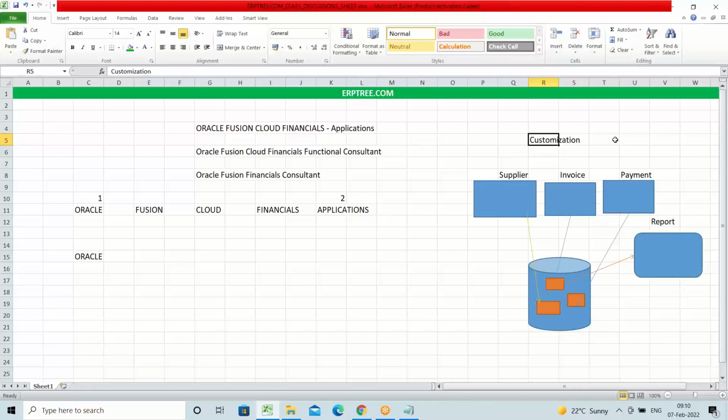Any other questions? Lakshman, please go ahead. Accounts payable is part of the procure to pay cycle, right?